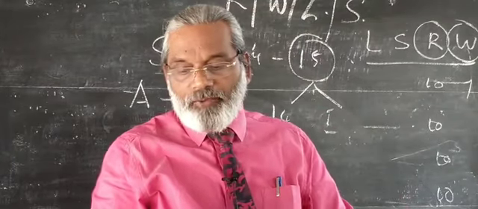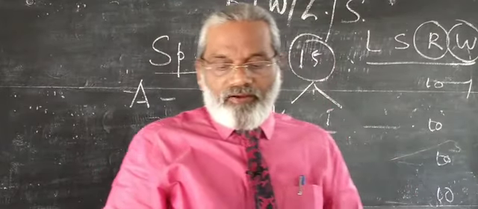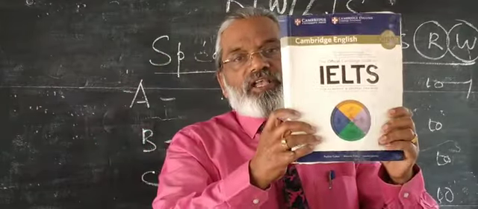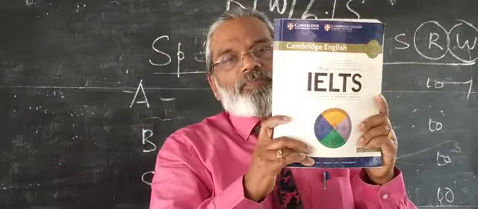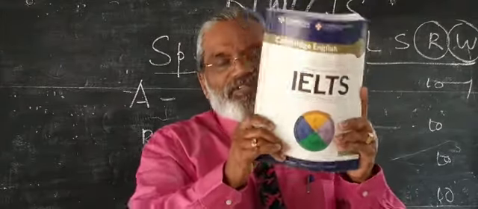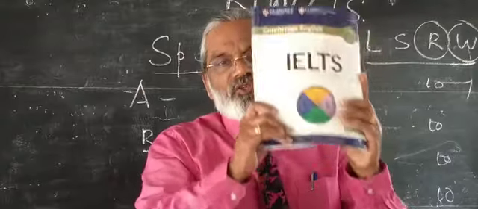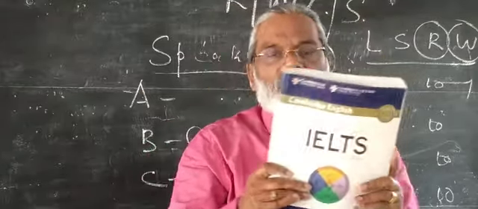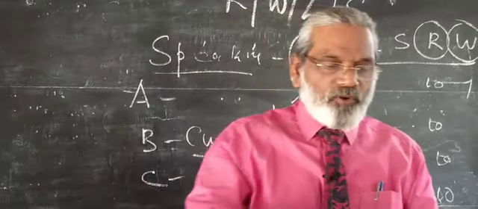This is an IELTS guide for those people who are preparing for the IELTS exam and should possess it. Everything is given in this textbook. This is enough for scoring more than 90%. This is called the IELTS module guide.